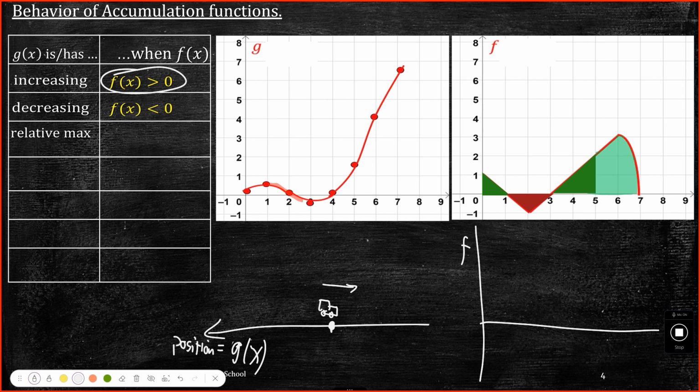When f of x changes from positive to negative. Okay, so let's see. You notice that it would have what you just said. It's right here, positive to negative. Yes, right here, because we went from positive to negative. F of x changes from positive to negative.